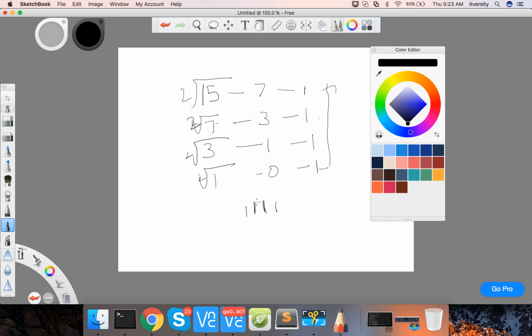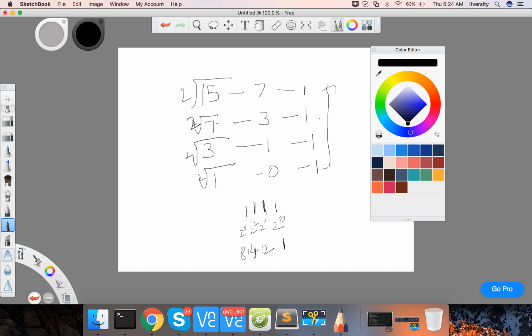If you have to convert binary into decimal, you pick the rightmost number and multiply it by 2 to the power of 0, then the next number with 2 to the power of 1, the next number with 2 to the power of 2, and the next number with 2 to the power of 3. So 2 to the power of 0 is 1, 2 to the power of 1 is 2, 2 to the power of 2 is 4, and 2 cubed is 8.